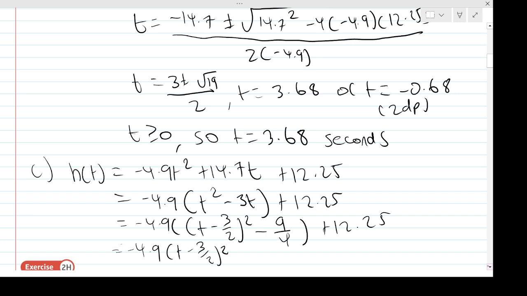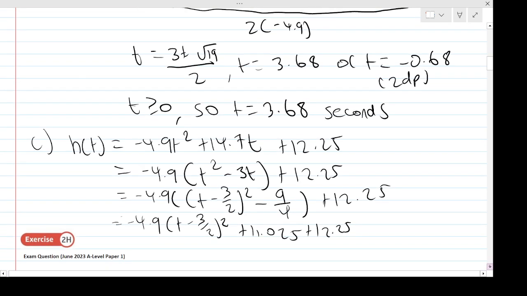Then I'm going to do minus 4.9 times by minus 9 over 4, and you get plus 11.025 plus 12.25. Then you get this minus 4.9 over t minus 3 over 2 all squared.